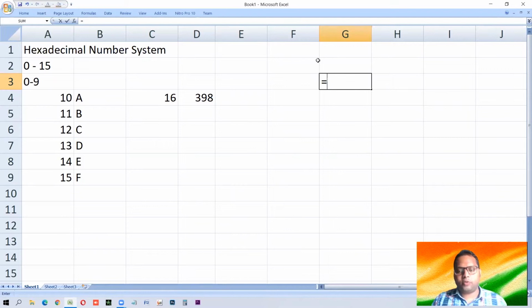So in Excel, we have a lot of things like INT of this divided by 16, and MOD of this, comma, 16. This tells you the remainder, and this is the quotient.